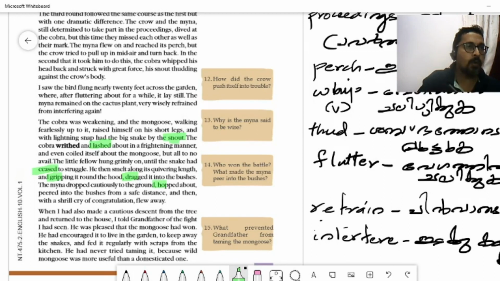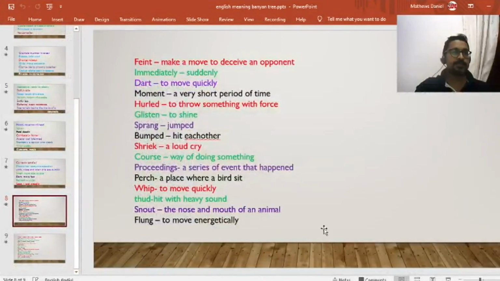Some of you might have come across all these words. Shrill, again snap. Okay, look at these words. Let us move to a slide.